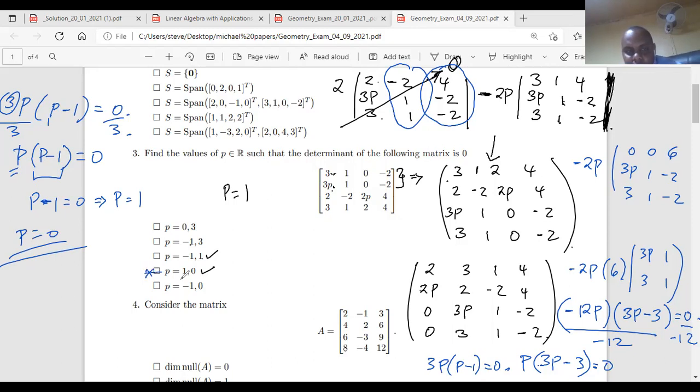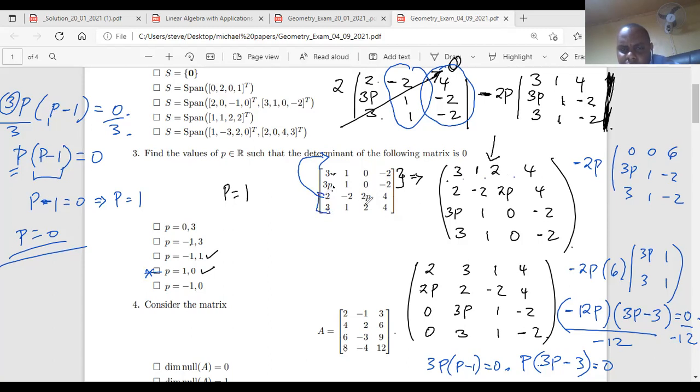Okay, number 4. You see, it was a 4x4 matrix, and we had to be tricky because we couldn't just look for the determinant without trying to cut corners. I started by moving this row up, and then these 2 rows up.